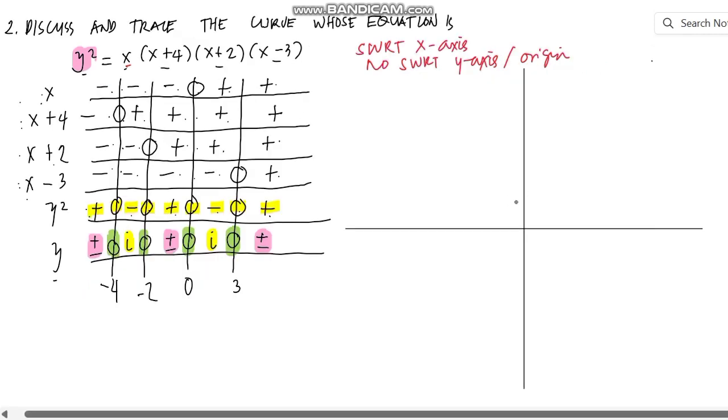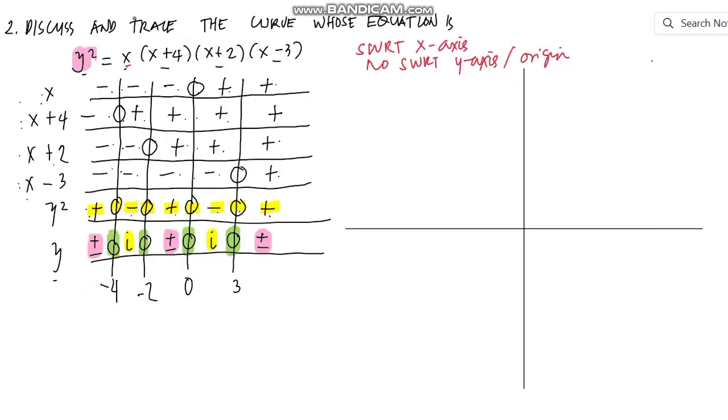So it is time for us now to trace our curve. As we can see, we have our x-intercepts at x is equal to -2, and at x is equal to -4. We have another x-intercept located at x is equal to +3.